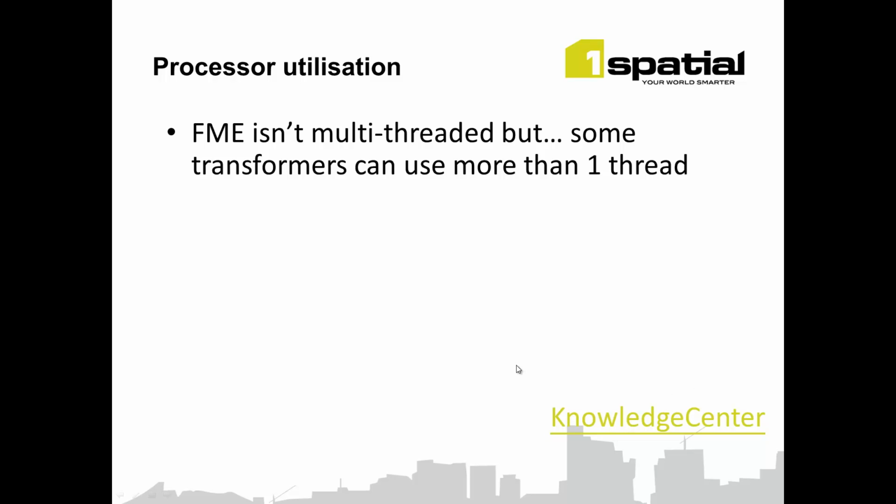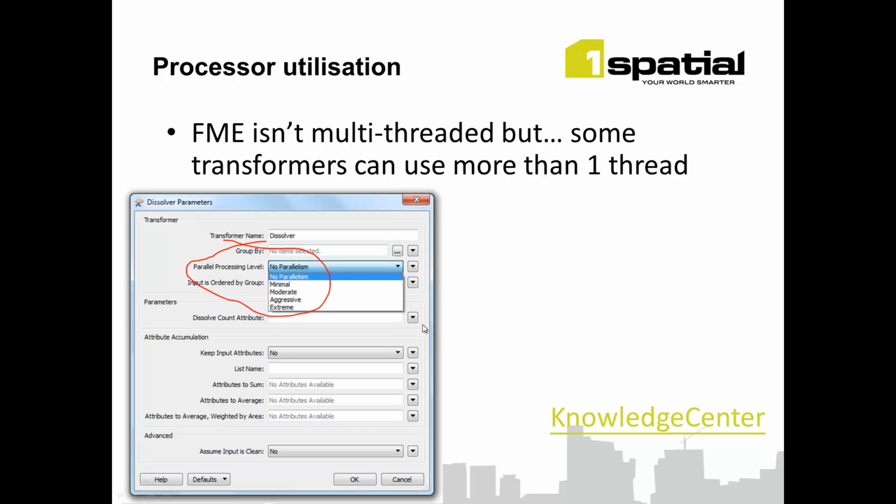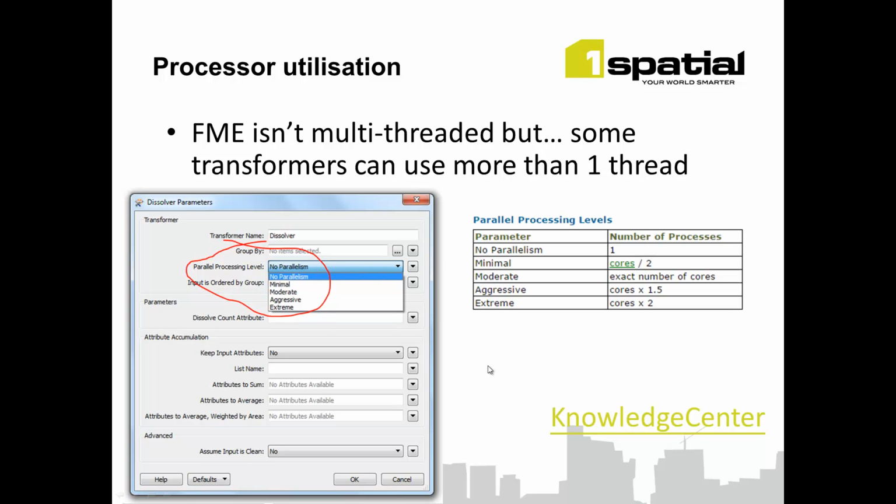Actually, the last two versions added lots of additional transformers to have effectively this parallel processing level added to them. So, what is parallel processing level? Well, you can see that there's some options. There's obviously no parallelism. That's the default for a transformer that has this capability. You can turn it into minimal, moderate, aggressive, and extreme. Effectively, they all mean the following.